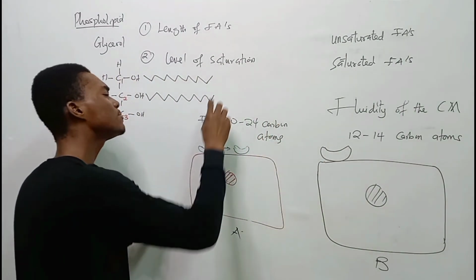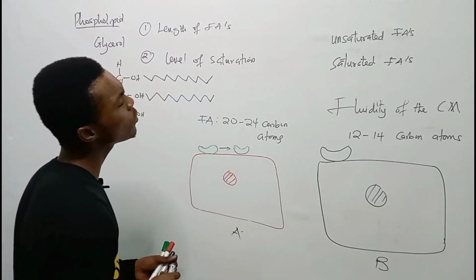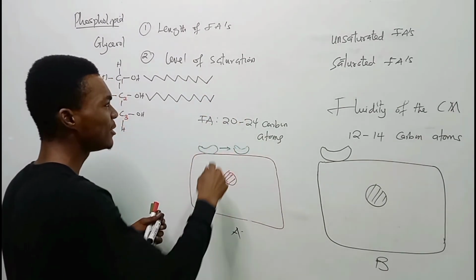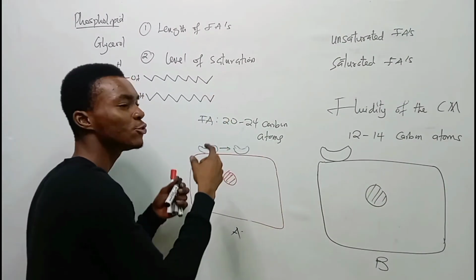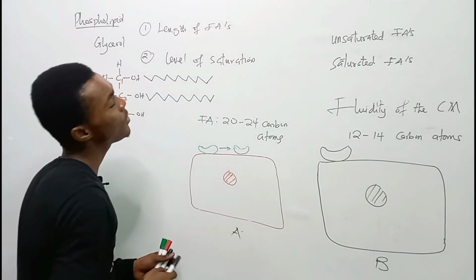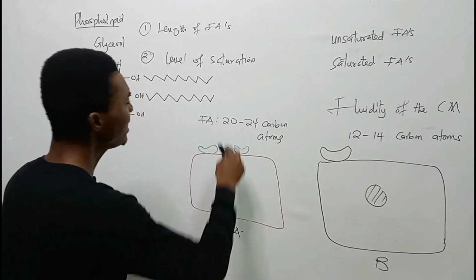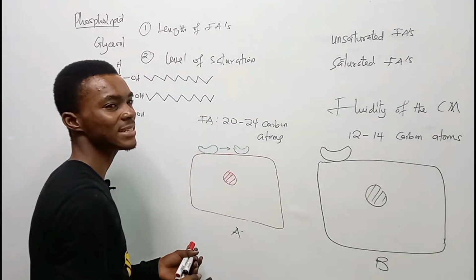Concerning these fatty acids binding to the glycerol backbone, there are some phospholipids whereby the fatty acids in there are all saturated. So you realize that the fatty acid 1 and the fatty acid 2 are both saturated fatty acid types. And then we get some phospholipid structures in the cell membrane whereby these two fatty acids will tend to be both unsaturated fatty acids.